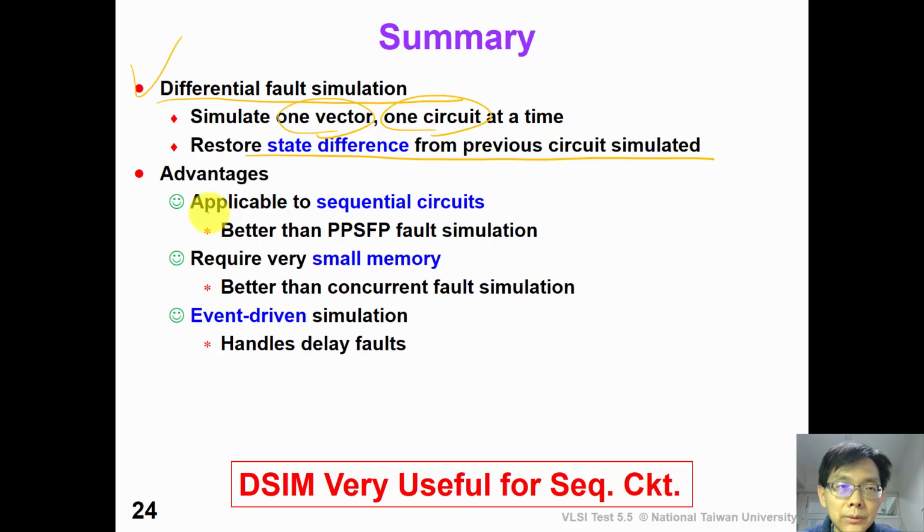The advantage of differential fault simulation is that it's applicable to sequential circuits. It's better than PPSFP, and it also requires very small memory, so it's better than concurrent fault simulation. Since it's an event-driven simulator, it handles delay faults. In summary, differential fault simulation is very useful for sequential circuits in practice.